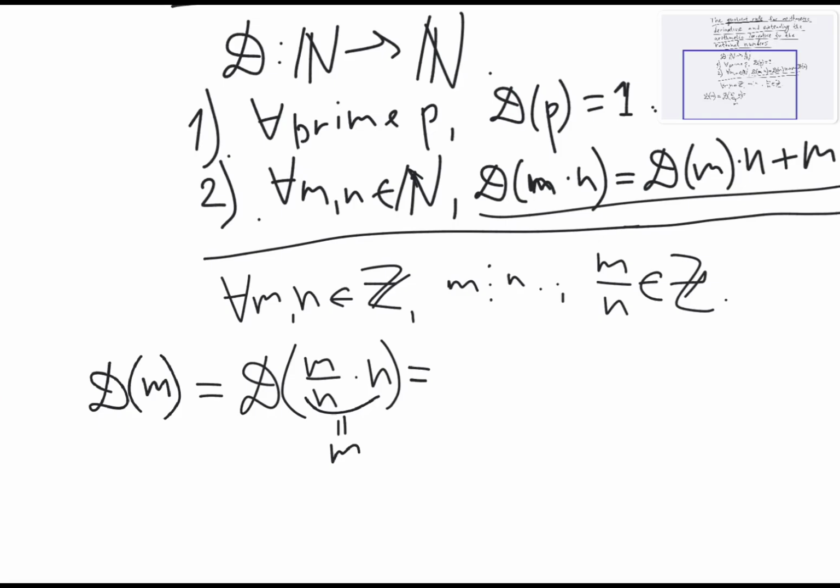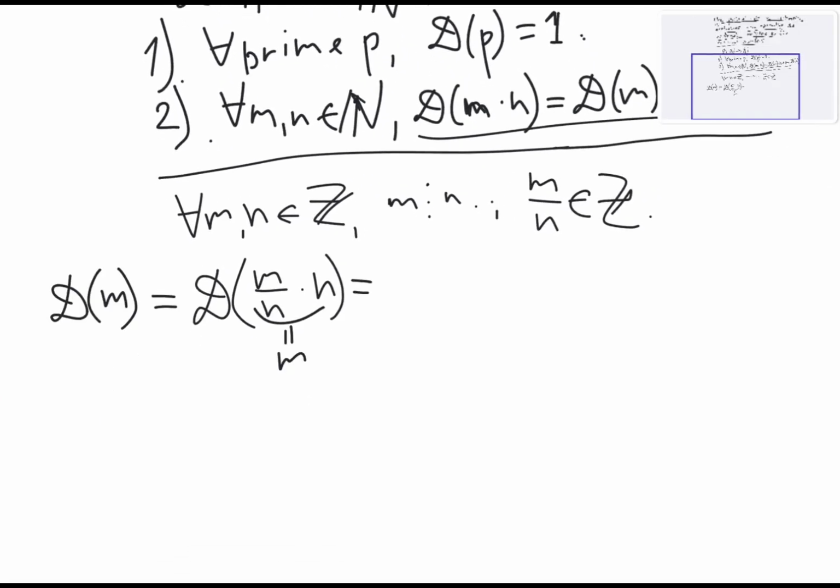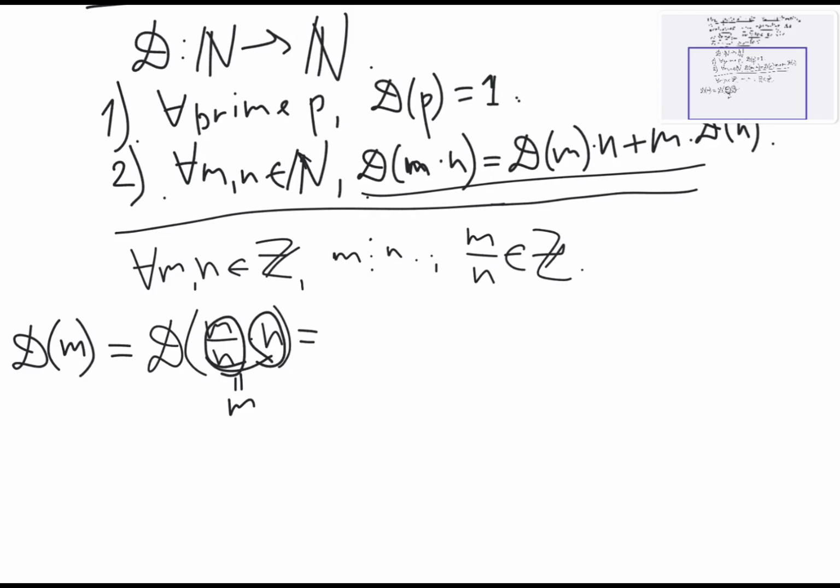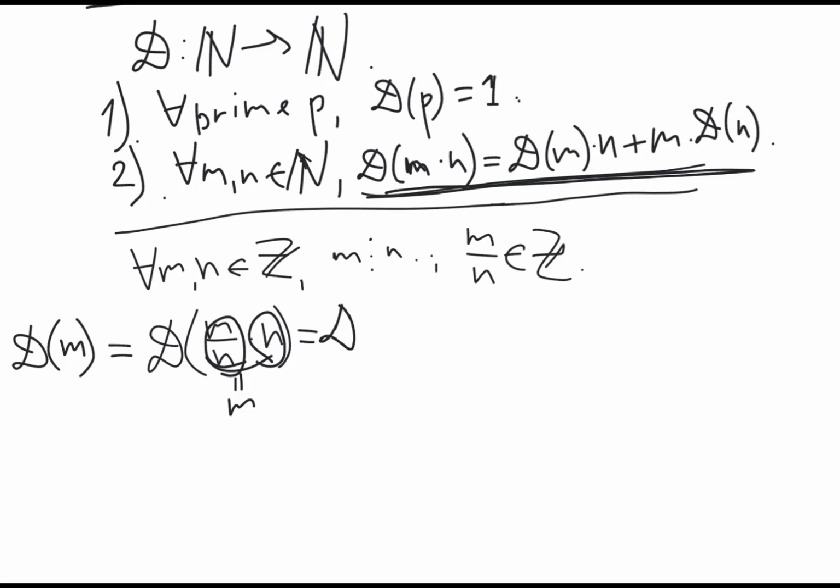On the other hand, since both of these numbers are integers, we can use the product rule and write that this is equal to d of m over n multiplied by n plus m over n multiplied by d of n.